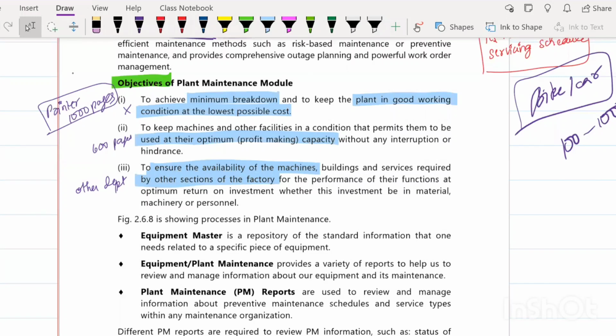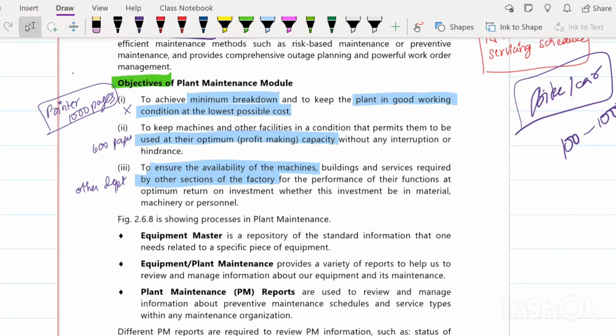We'll take an example. This is just a random example, do not relate it here. Plant means the plant and machinery that they use for production. Just for example purposes, suppose you have a printer, and your business is that you have to print pages and give them.